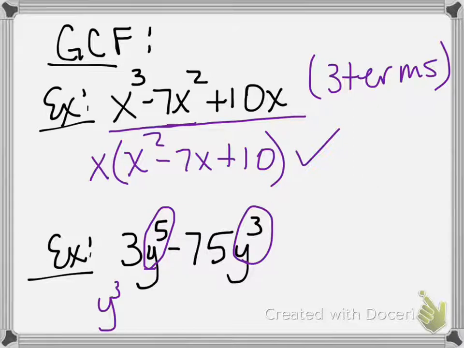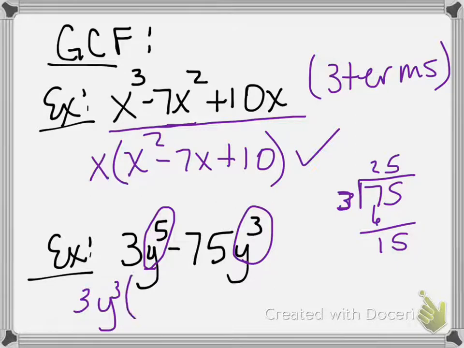I think 75 is divisible by 3. Let's check. 3 goes into 7 twice. Subtract, bring down. So yes, 75 is divisible by 3. So I'm going to take a 3 out also. So I'm taking out the biggest possible number and the biggest possible variable together as a group.